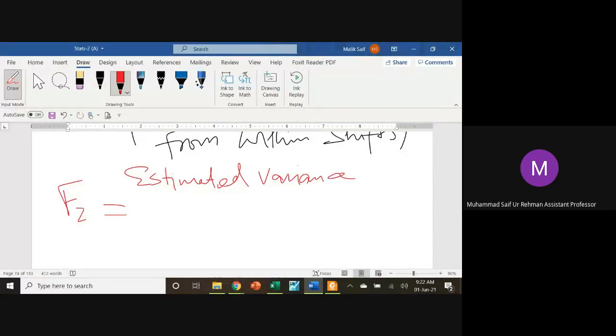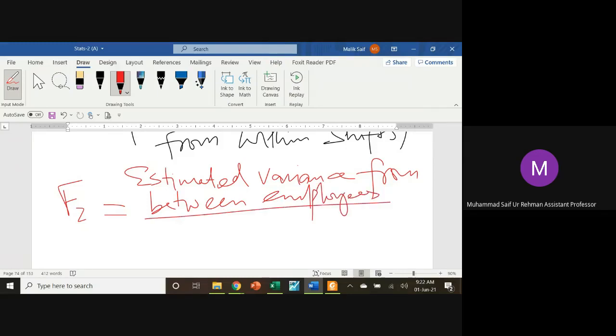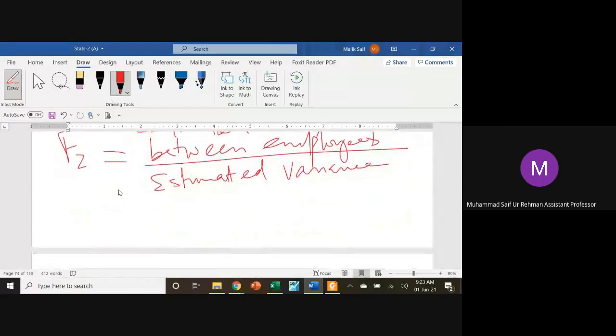Estimated variance from between employees divided by estimated variance from within employees.